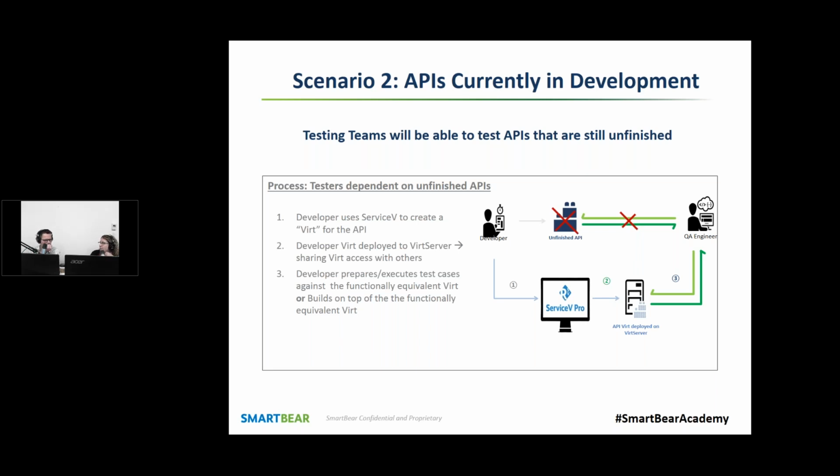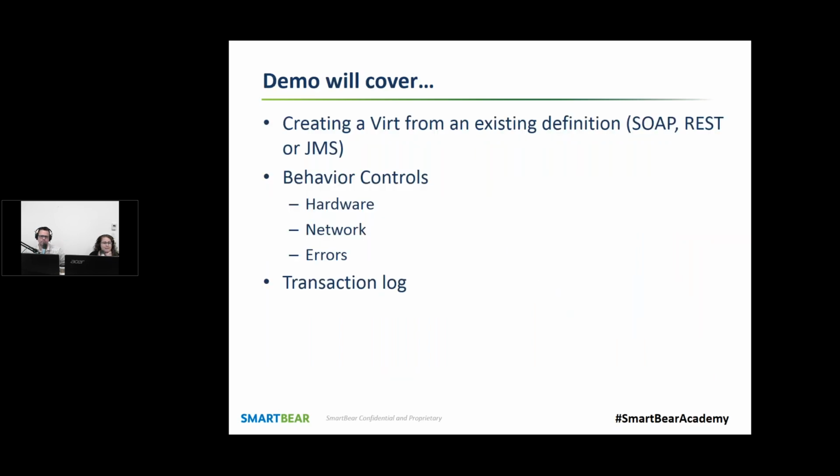They might be using Swagger for the definition. You use that definition to create this virtualized instance, and now the test team can get started, either creating tests or executing tests against that. So it's a great way to circumvent the system and reduce those dependencies. That's what we're all about. Exactly.